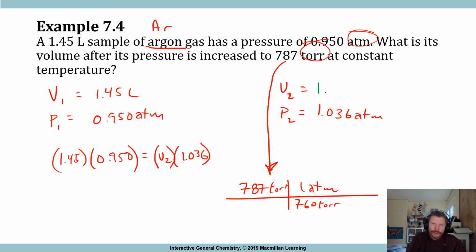V2 is 1.329, so I'll change that to 1.33 liters. That shows that our pressure went up, therefore our volume went down. It went from 1.45 to 1.33.